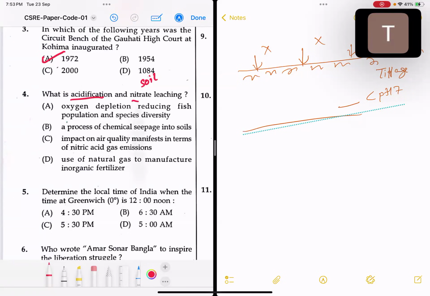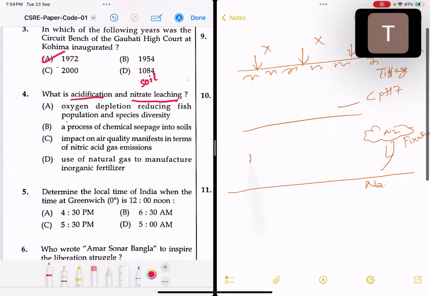And the second topic that is being discussed here is nitrate leaching, okay? Now, as we are all aware, nitrogen is present in the air, right? Through nitrogen fixation by various microorganisms, nitrogen enters into the soil, right? And apart from this, sometimes we use different types of nitrogen fertilizers, like, for example, urea.